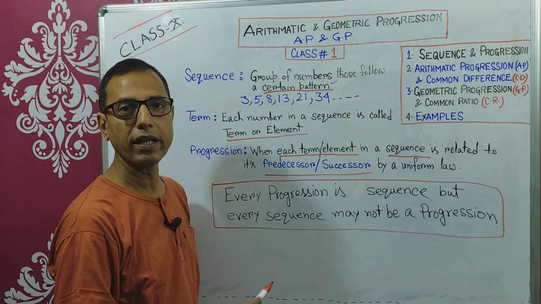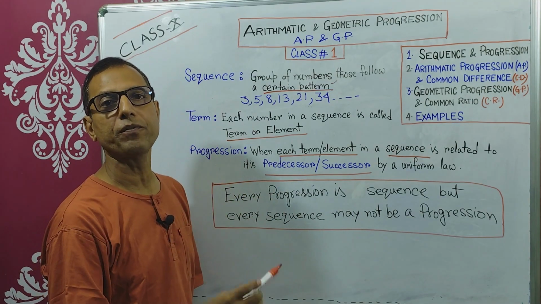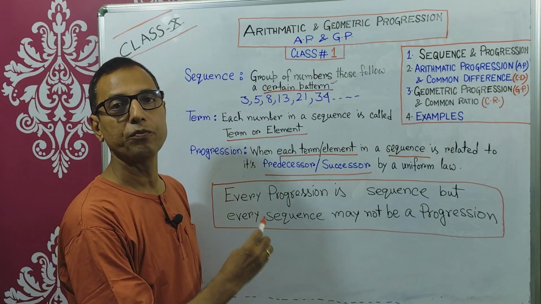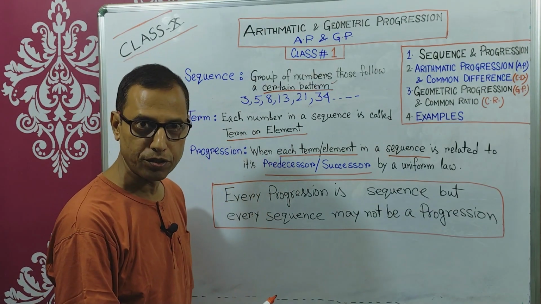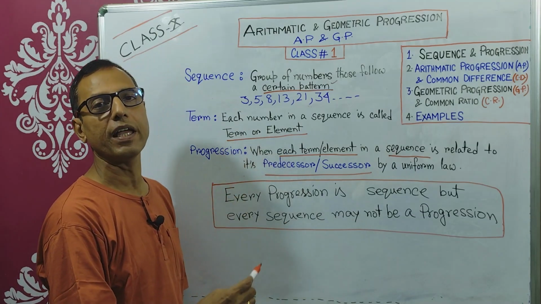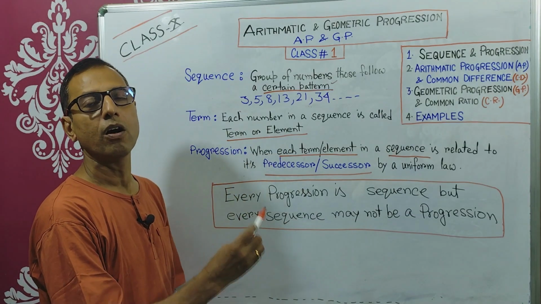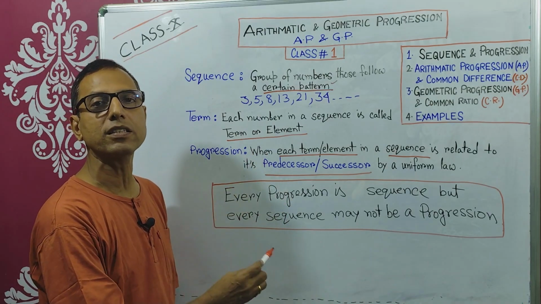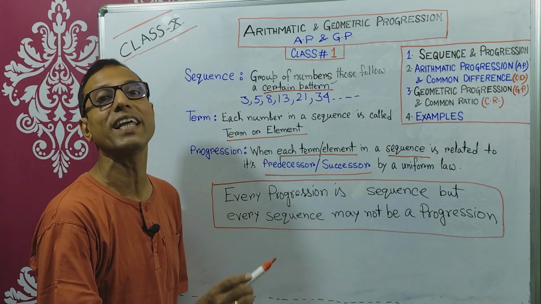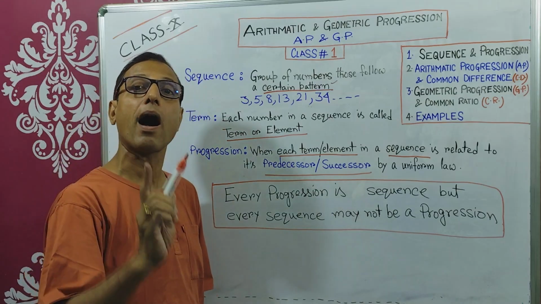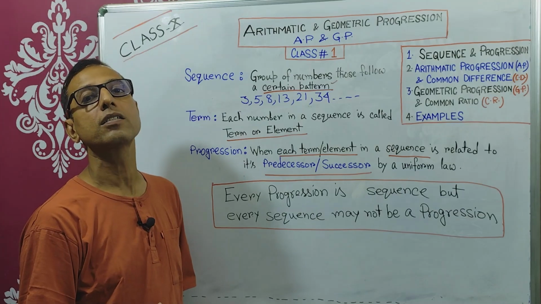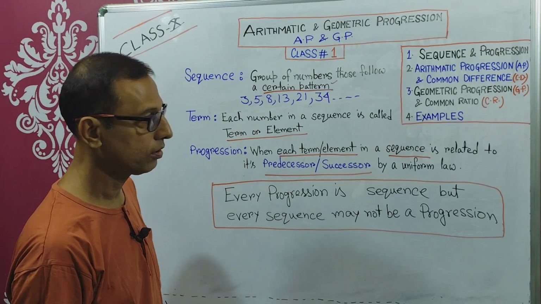If in a sequence two consecutive terms or elements are related by a uniform law, then it is a progression. But if each element is not related to its predecessor or successor by a uniform law, then it is not a progression, but it may still be a sequence if it follows some other pattern.